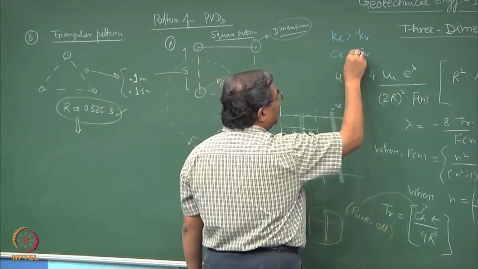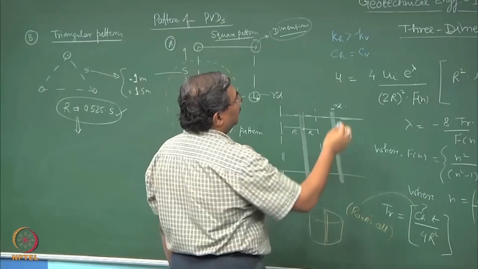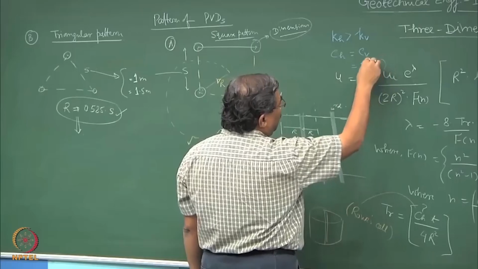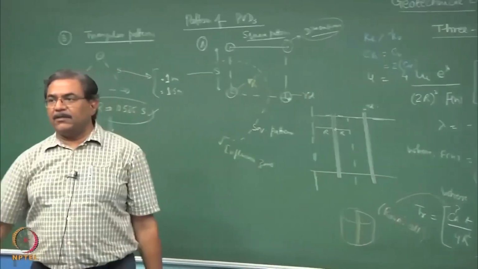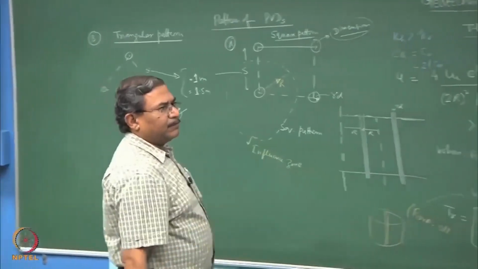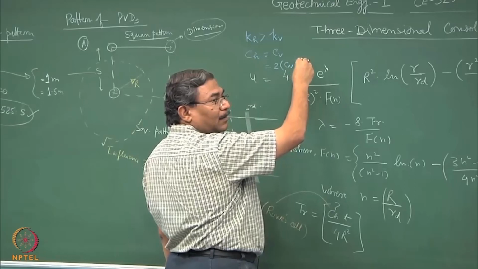For some types of soils, Ch is equal to Cv. For other types of soils, normally we take Ch equal to 2 times Cv, that is, radial consolidation is 2 times the vertical consolidation assumption.